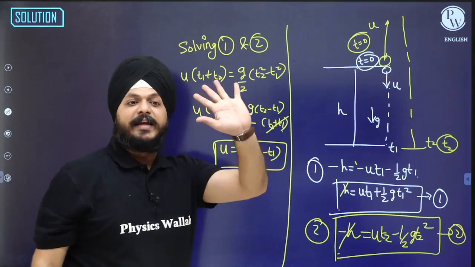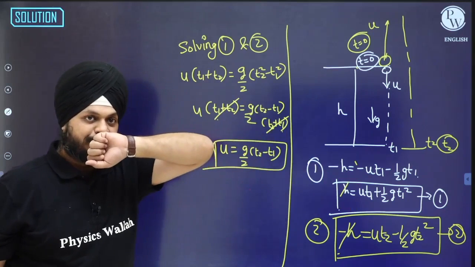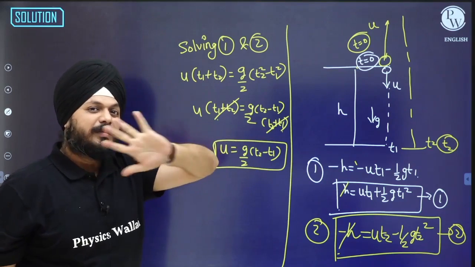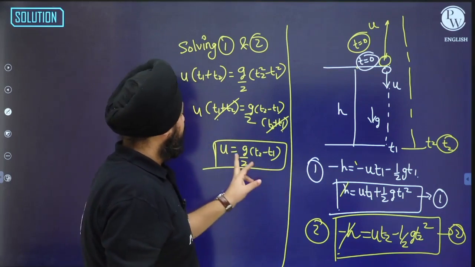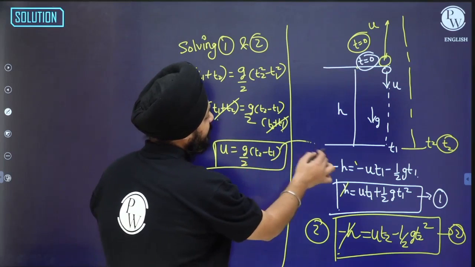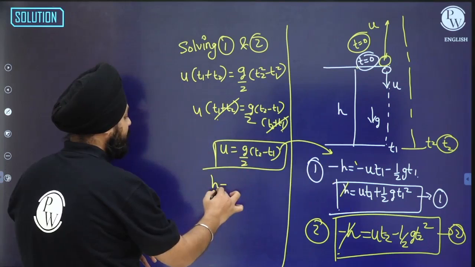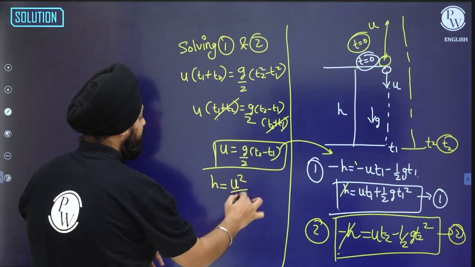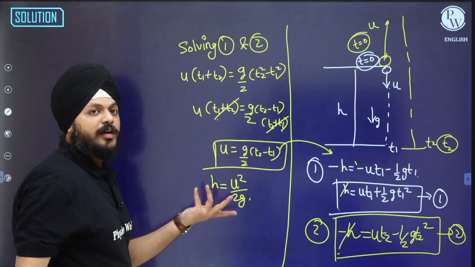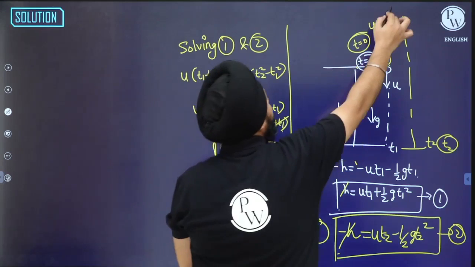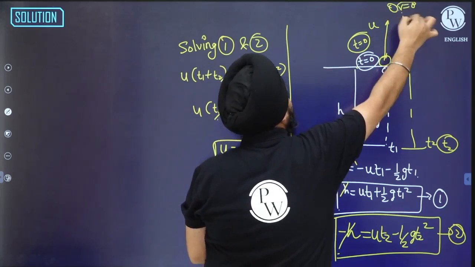Replacing this, we can get the value of h, but we are not in need of that. Let's move on to the value of capital H. H will be equivalent to u square by 2g, using the third equation of motion, because at the maximum height the velocity will be 0.